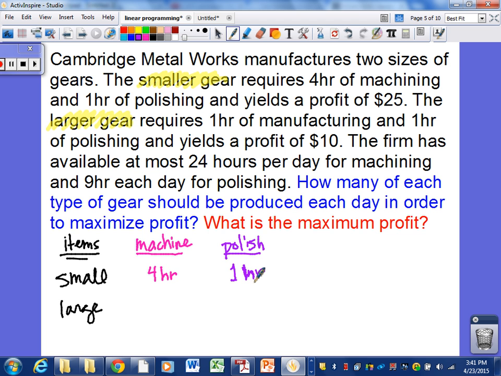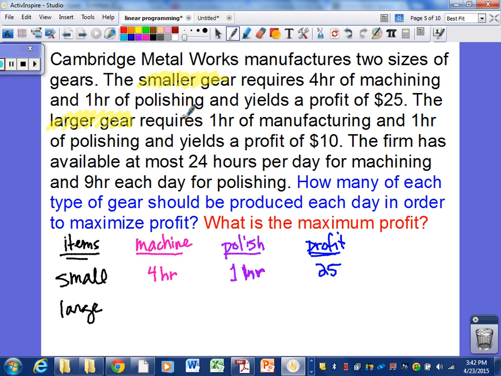Not natural log, 1 hour. And it yields a profit of $25. Remember, profit is how much money we want to make; we want to make this maximum. $25 for every small gear that we sell. So that's 3 pieces of information about your small gear.